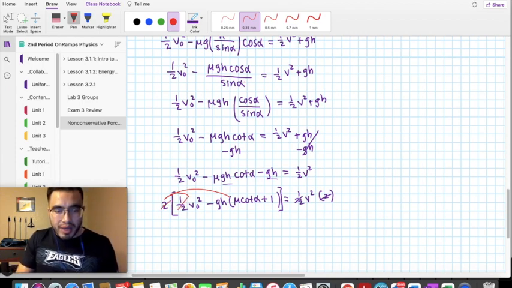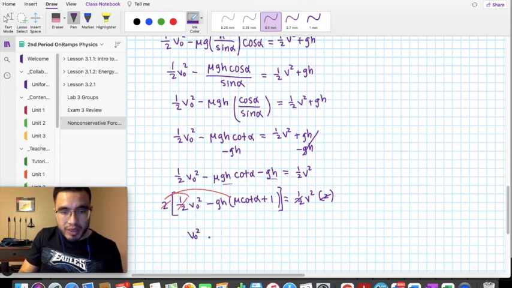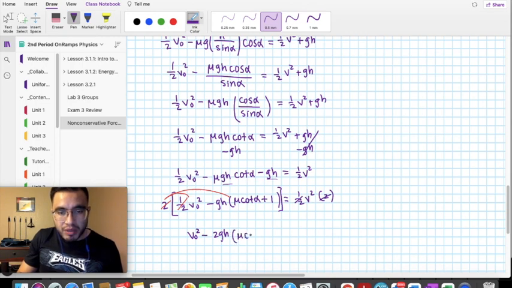But now, it will not cancel for this term. So we have to keep the 2 over there. So this cancels. So v naught squared minus 2 gh mu cotangent of alpha plus 1 equals v squared.